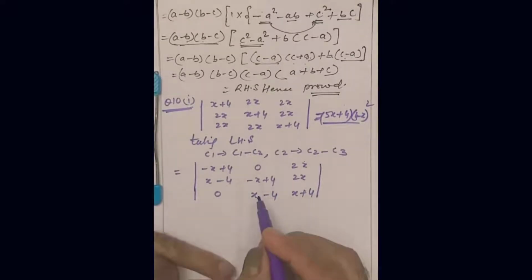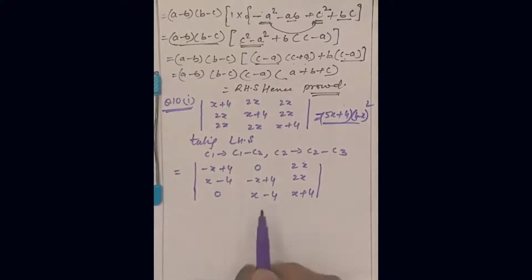Now before we proceed, we need to think over here. Suppose we subtract C1 and C2, then here it doesn't make any change, but here this x minus 4 and minus x plus 4 will appear, and this 0 will be replaced by this thing, so that is of no use.